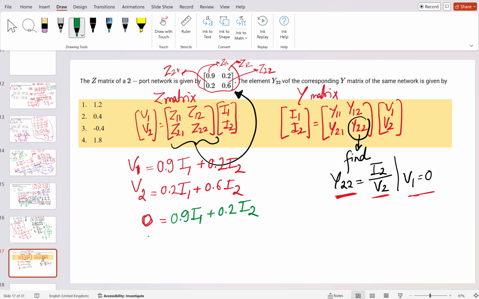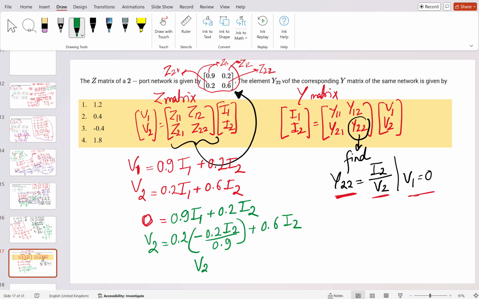Put this in the second equation, you will get V2 is equal to 0.2 times I1. I1 is equal to minus 0.2 times I2 divided by 0.9, plus 0.6 times I2.